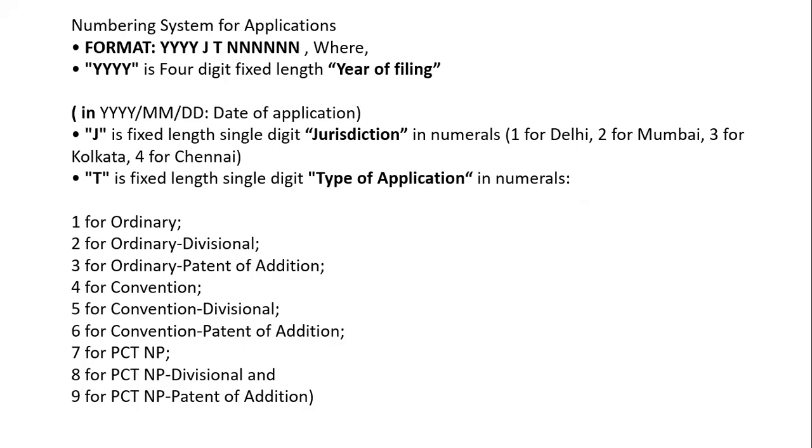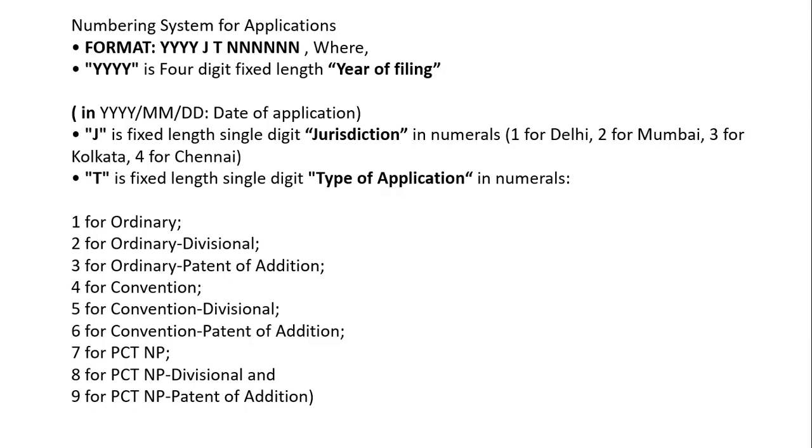T shows the type of the application. There are 9 types of application. Basically there are 3 types of application, but they are subdivided into divisional and patent of addition. So ordinary application, conventional application, and national phase application, that is PCT application, are further subdivided into divisional application and patent of addition.